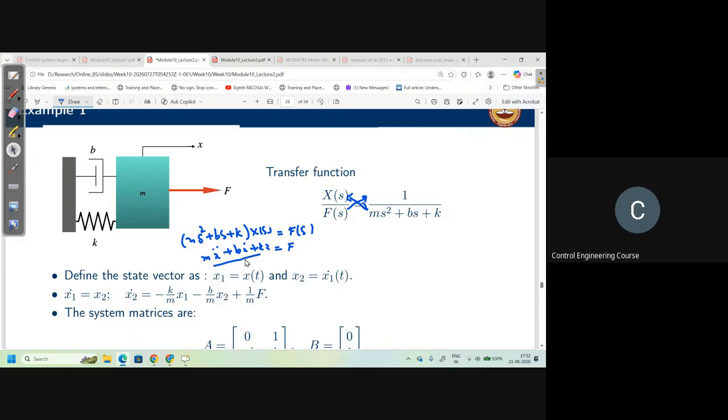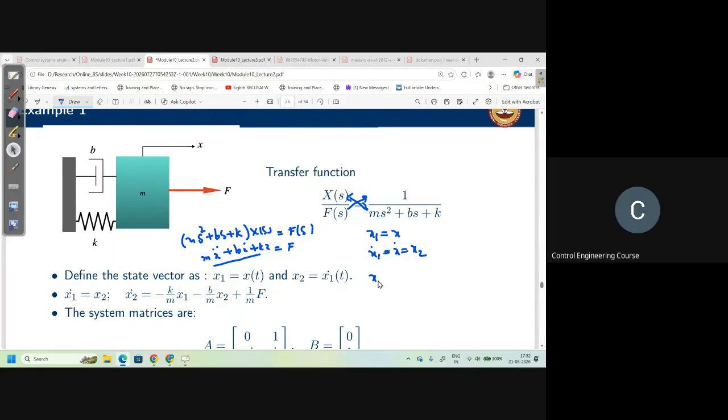Now we need to convert this differential equation into state space representation. For example, take the first state x1 equal to x, and then x1 dot is equal to x dot, equal to x2. This is the standard way we write the state space equation.